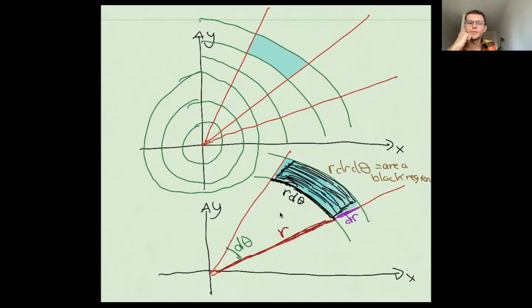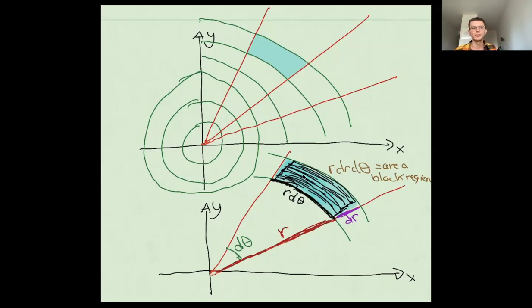I think in Calc 2, if I'm not mistaken, you would usually set it up as a single integral from theta 1 to theta 2, and then integrate r squared over 2. Right now I don't think there's much of a difference, but the way I will write this as a double integral will make it look different. But it should be almost the same as what you saw in Calc 2 for now.